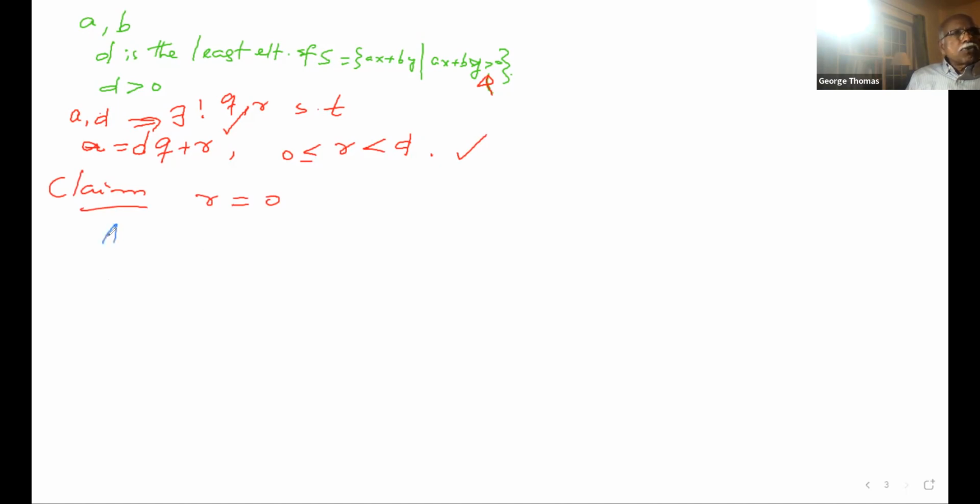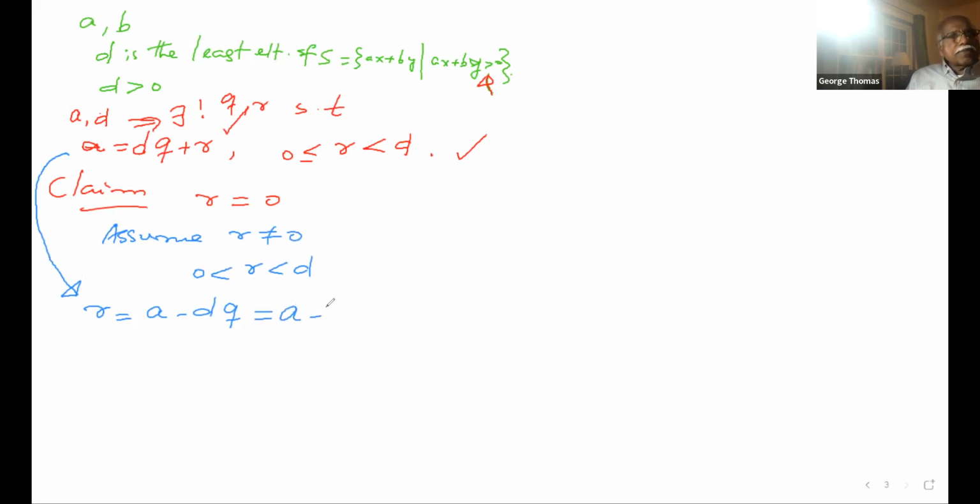Assume R is not 0. That means R is less than D and bigger than 0. That means R, which is not 0, is A minus DQ from here. But what is A minus DQ?